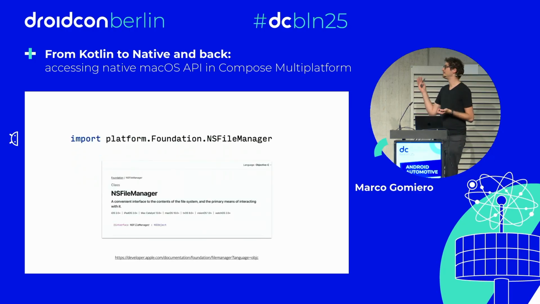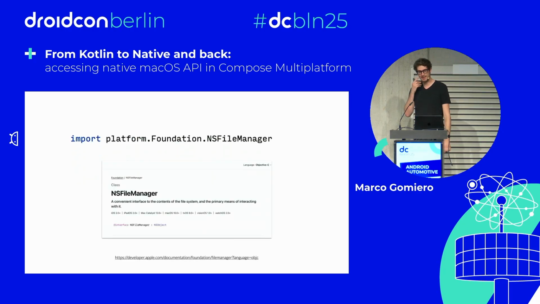And NSFileManager is, for example, an API in the Foundation framework where you can interact with the file manager both on iOS and on macOS. And the naming is the same as the API that you can find in the Apple documentation, and that you will use in a normal iOS app.